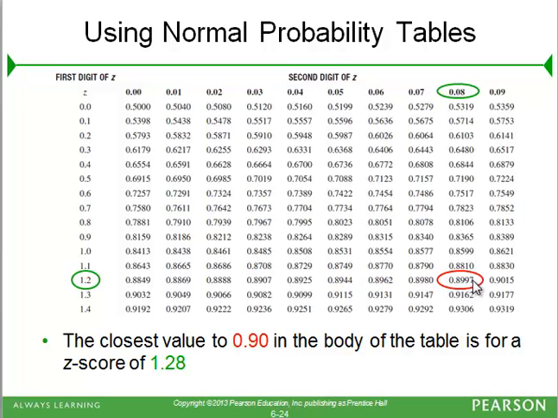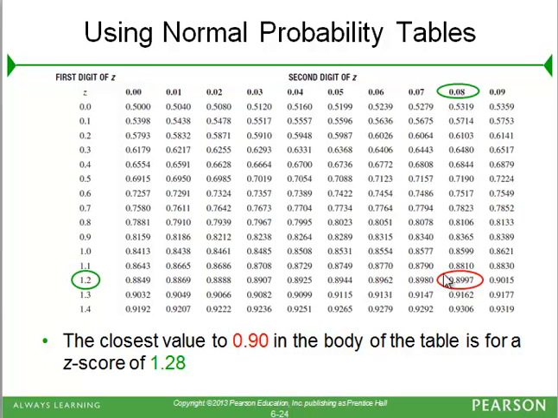Okay, this one is closest to the 0.9. And once you find this, go horizontally, move to this column, we find 1.2, and then going up we get the 0.08. So this 0.08 is the second digit of the Z-score.